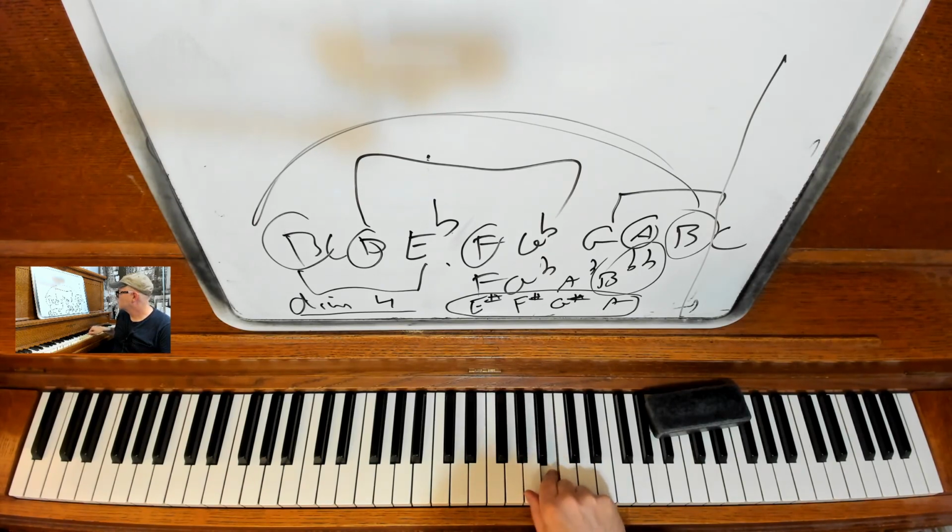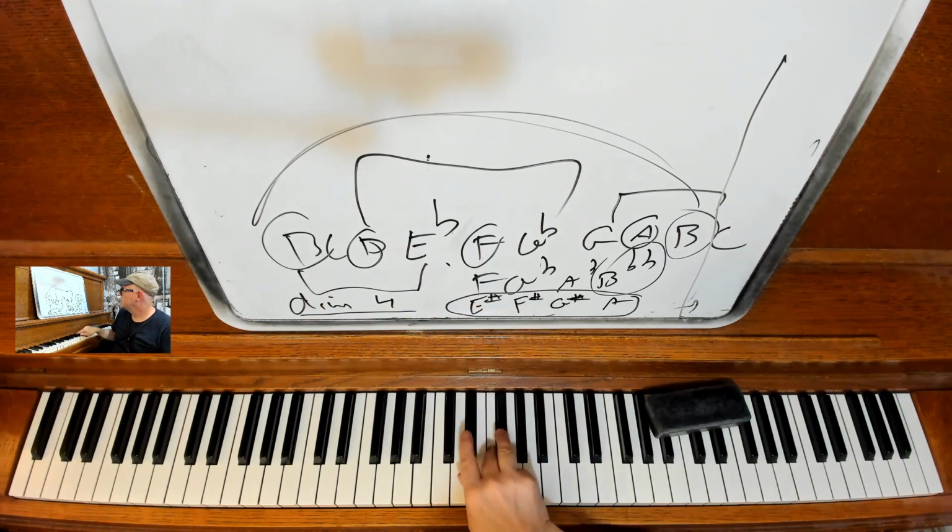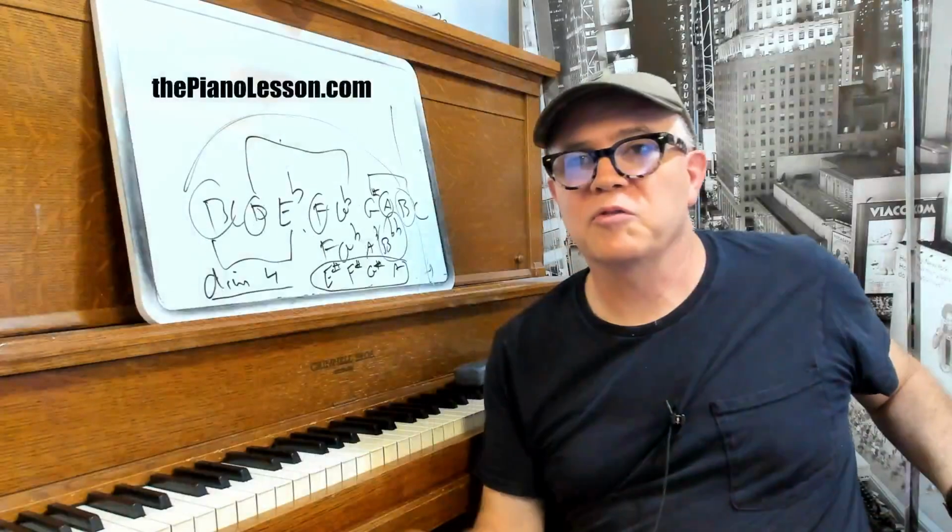There's your 1, 2, 3, 4. B, D, F, which is E sharp, and then I didn't write it down correctly, G sharp. I was going so fast, I misspelled something.